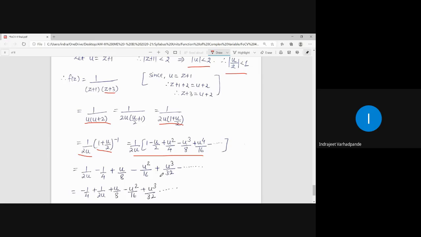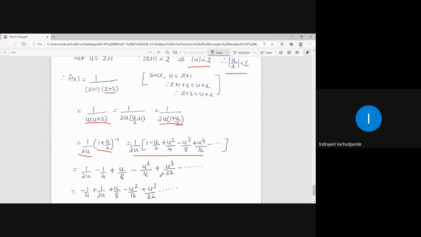We want the expansion for the region where it contains z plus 1 and it should converge, it should exist. Therefore, I take it as less than 1. So purposely our series expansion should contain the term as less than 1.